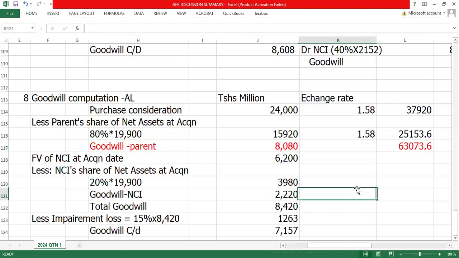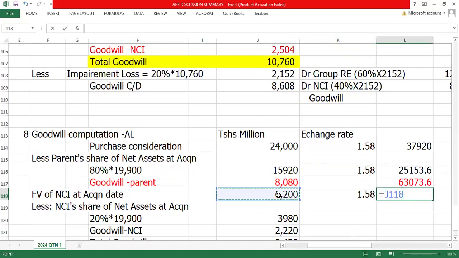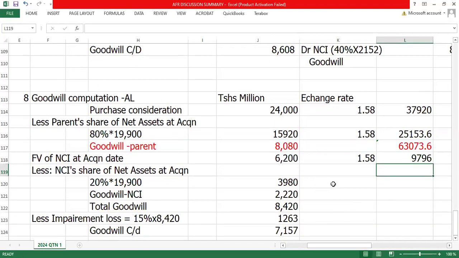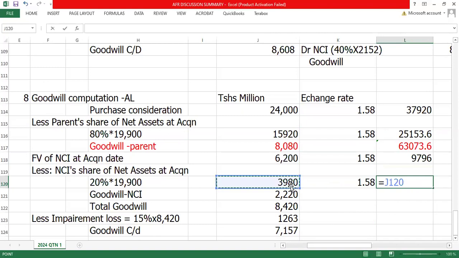Then here at acquisition date, it is still this one. So you get this times this. Then here still it is this. Even here, you get this times this. Then here it will be this minus this.